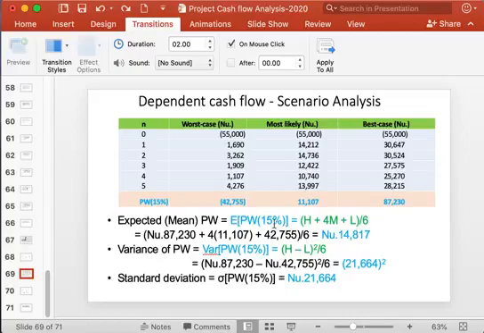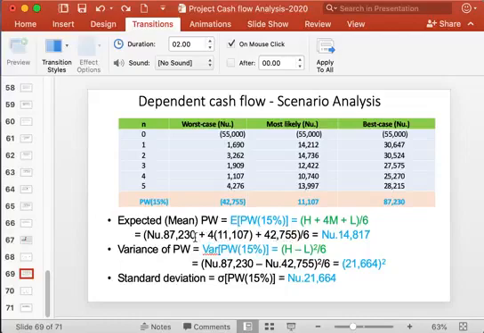So now we are actually relating the relationship between three present worths, three net present worths: worst case, most likely, and best case.